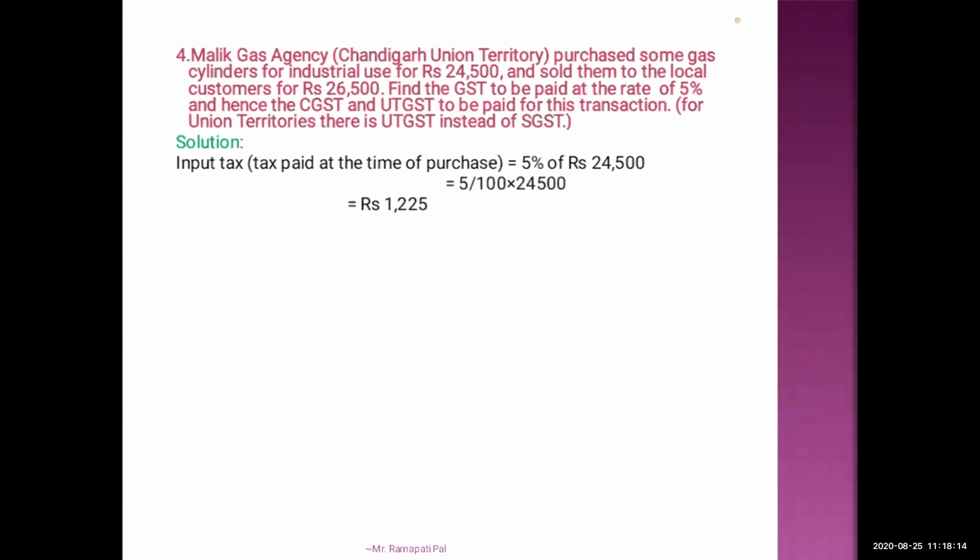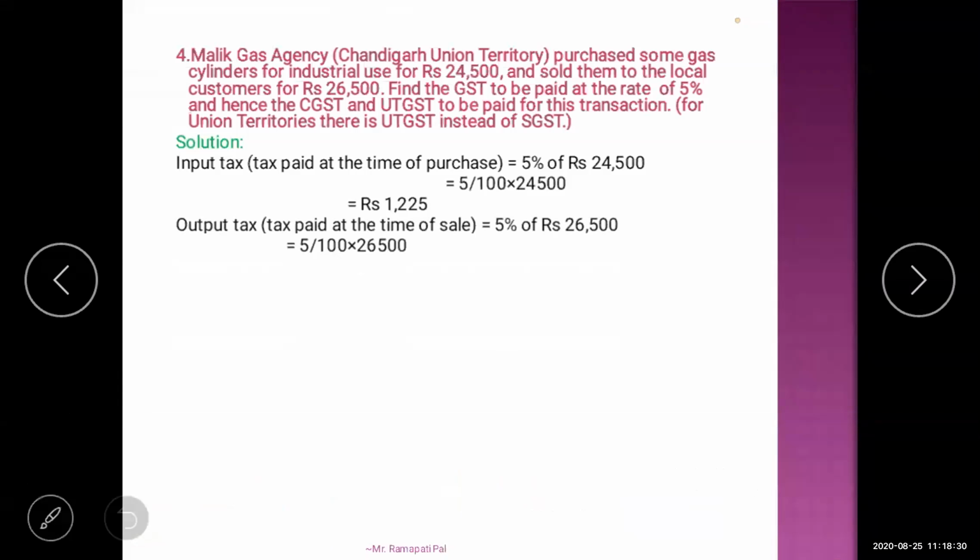5% means what? 5 upon 100 into 26,500. The 100 will be cancelled, as you know. Correct?